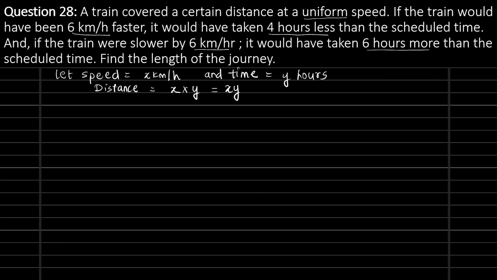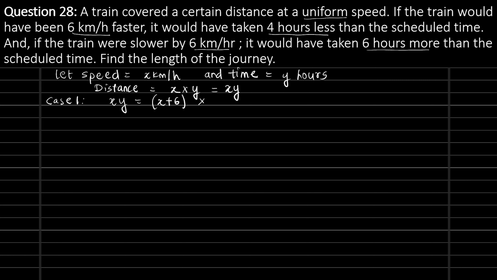Now observe very carefully. In case 1, what has been given to you? If the train would have been 6 km per hour faster, it means to the uniform speed x you have to add 6 km. So distance, which is xy, will be equal to, when speed is 6 km per hour faster, x plus 6 as the speed now.